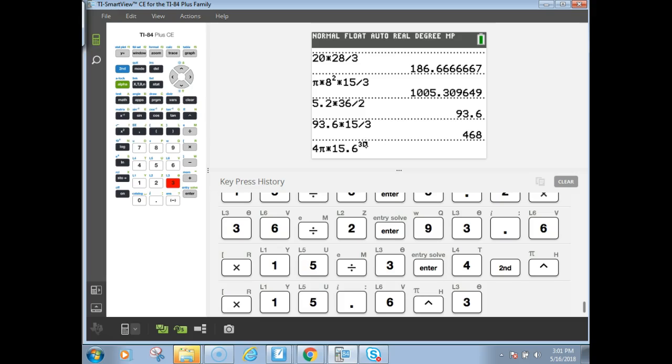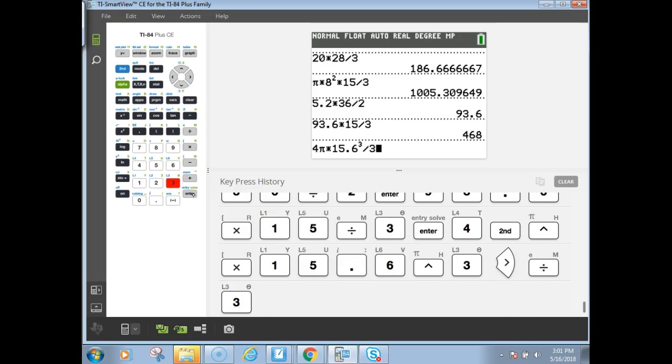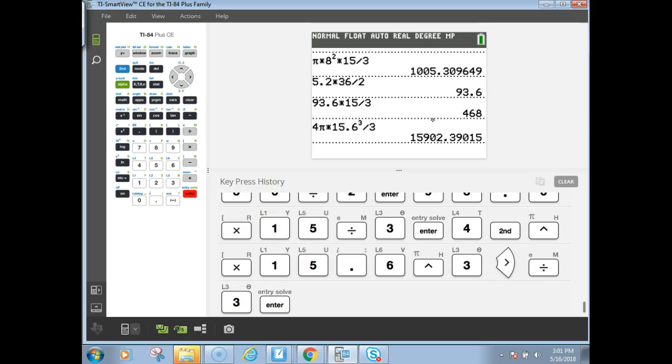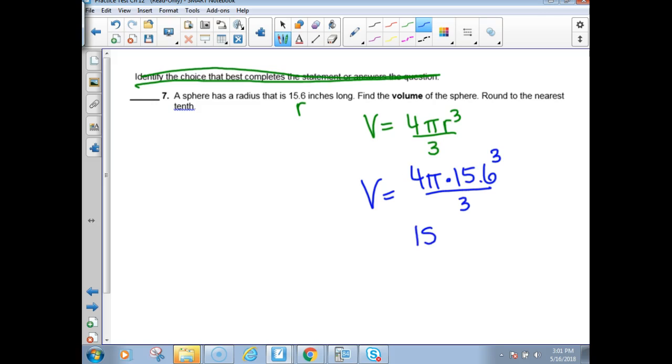Yeah, I got to remember to get out of that exponent. I have to scooch over by hitting the right arrow. All right, now I can hit divided by 3. Now I got 15,902.4 cubic inches.